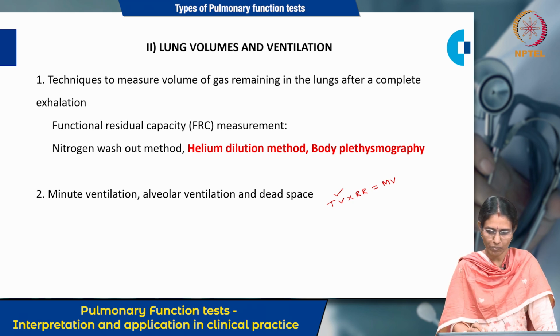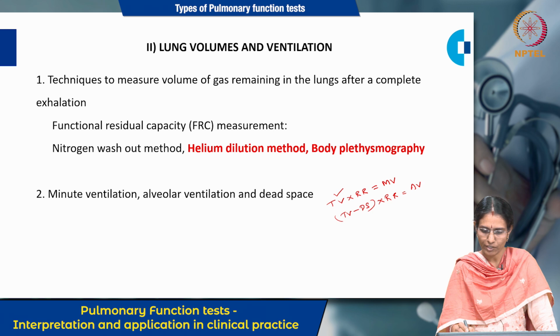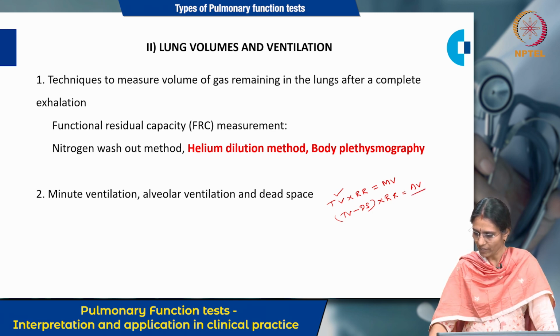So if you subtract dead space volume from tidal volume and then multiply this by the respiratory rate, you get alveolar ventilation. So alveolar ventilation can be calculated after measurement of dead space. There are techniques to measure the dead space volume, like Fowler's method and Christian-Bohr method.